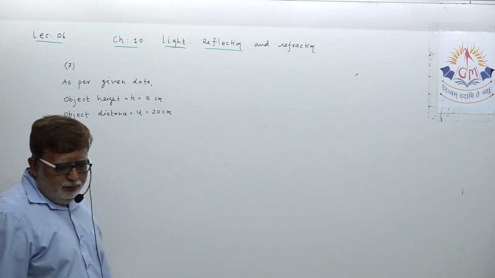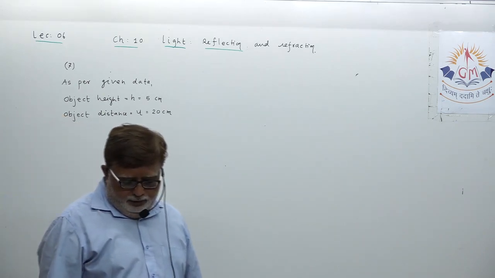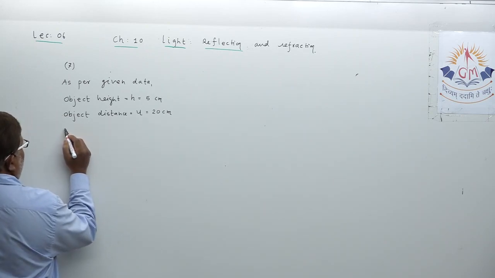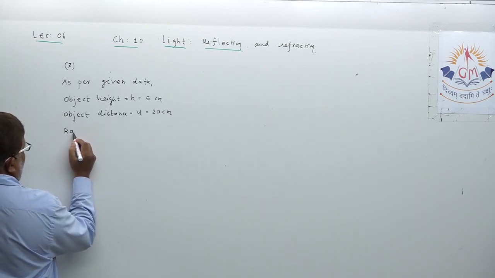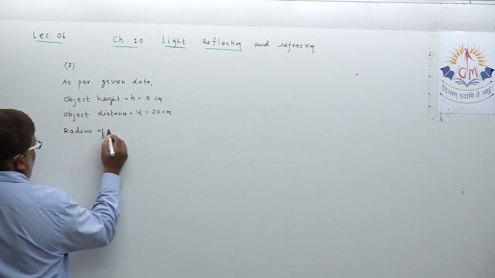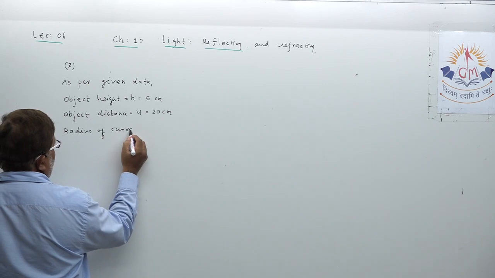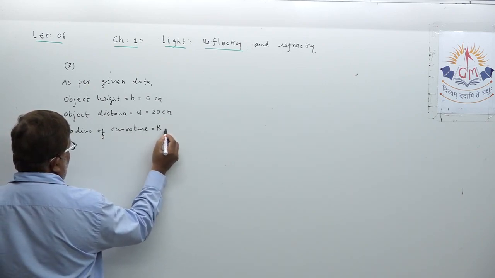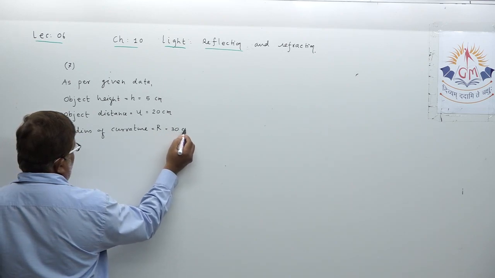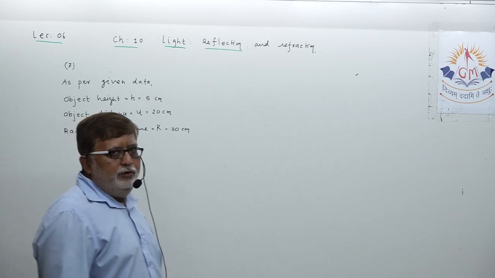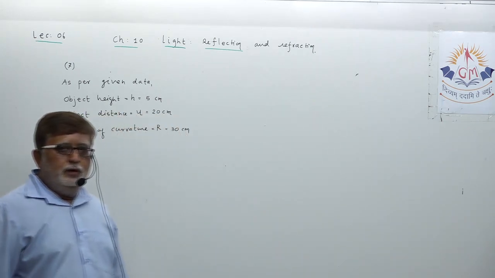You are also given not focal length but radius of curvature, that is capital R, 30 centimeter. This is the data given in the example.